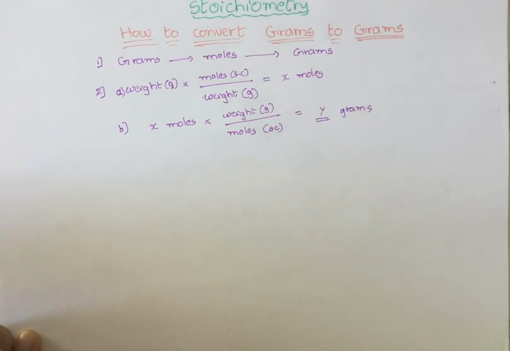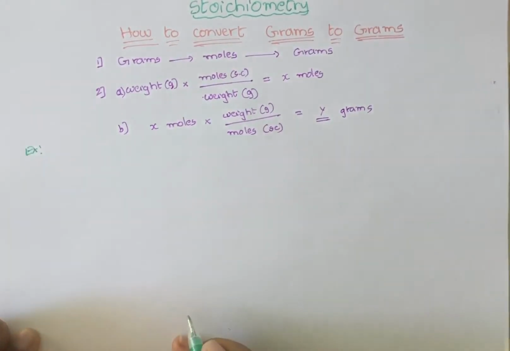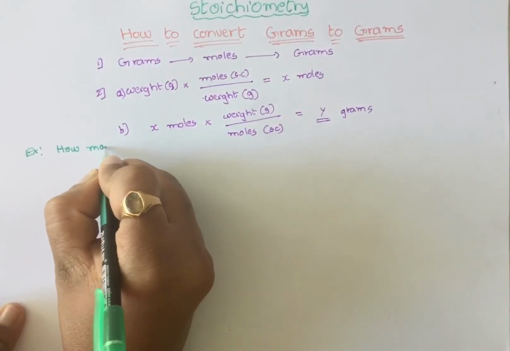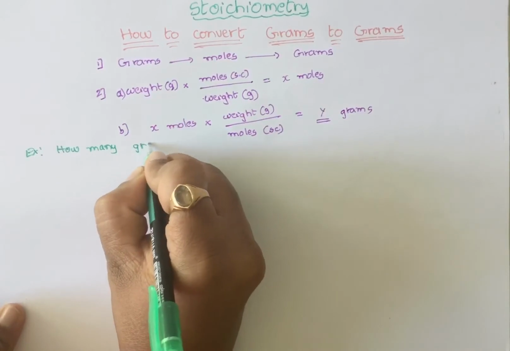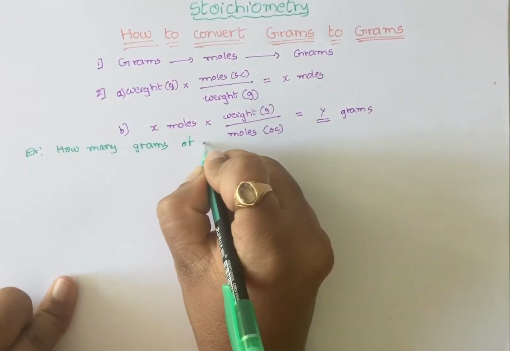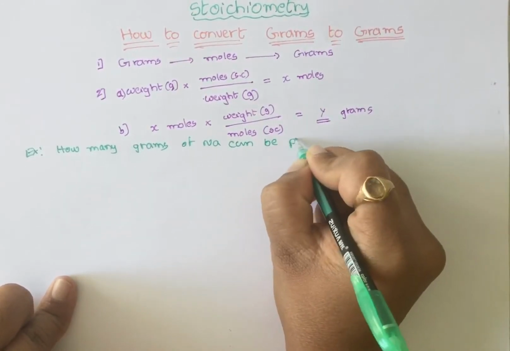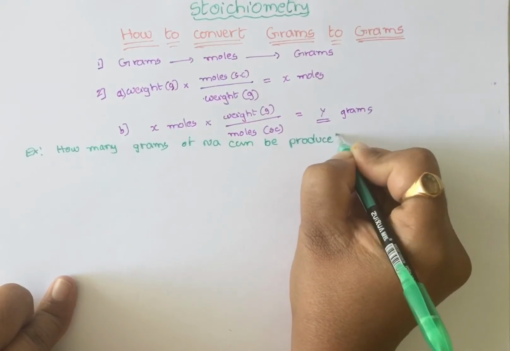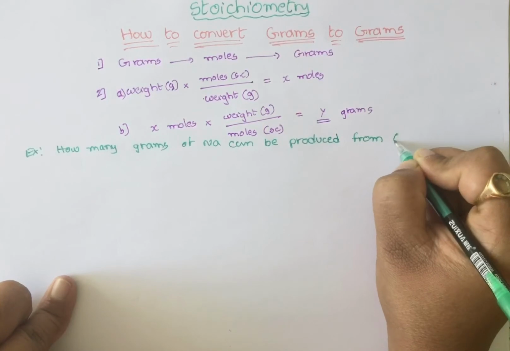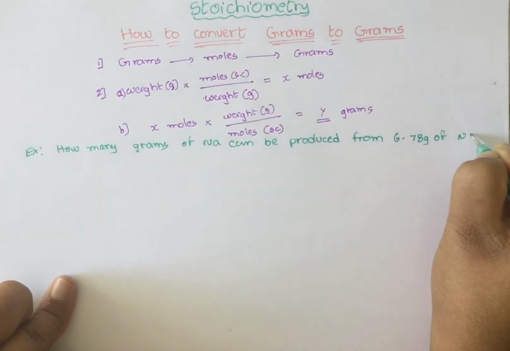Now let me explain with one example. Example: how many grams of sodium can be produced from 6.78 grams of sodium chloride.